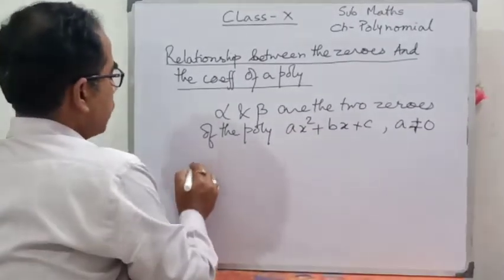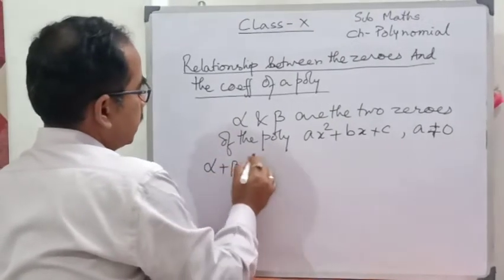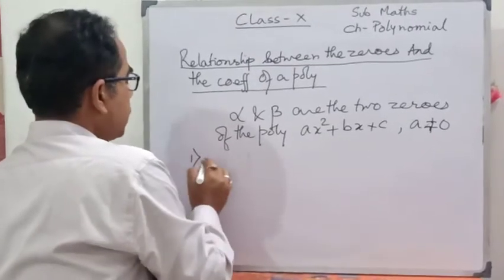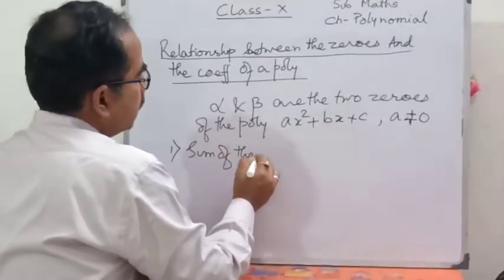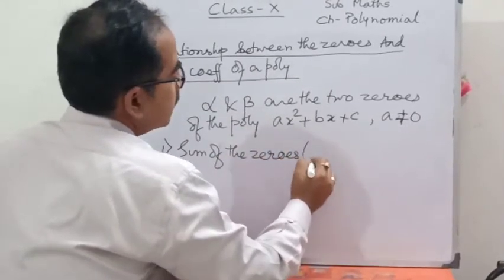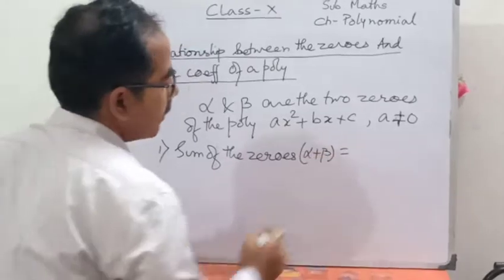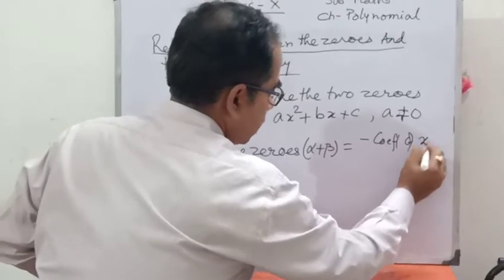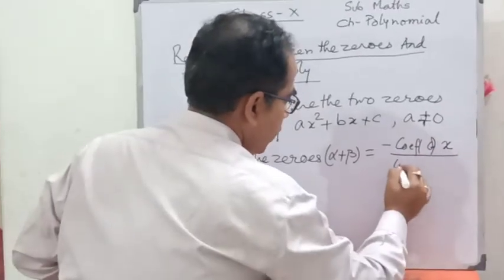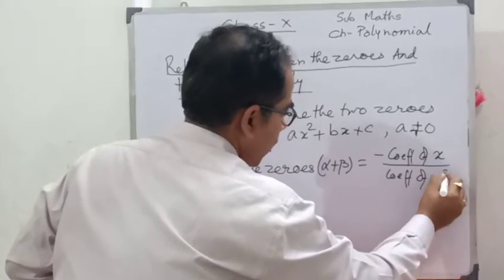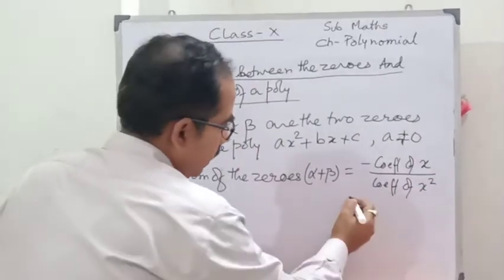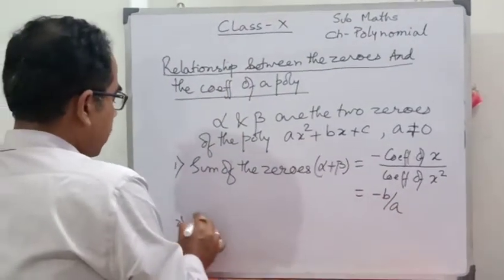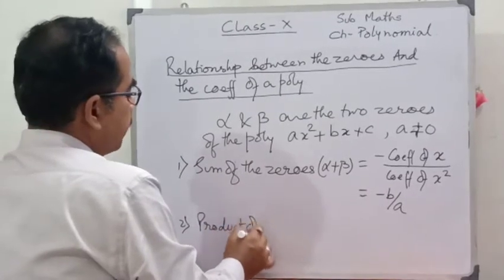Number one is the sum of the zeros, that is alpha plus beta, which can be represented as minus coefficient of x by coefficient of x square. That means nothing but minus b by a. Another one is the product of the zeros.